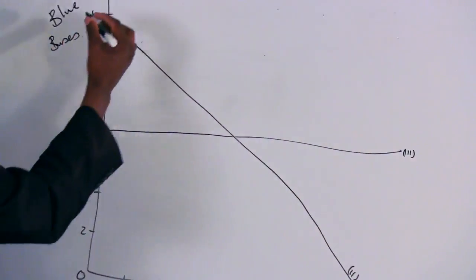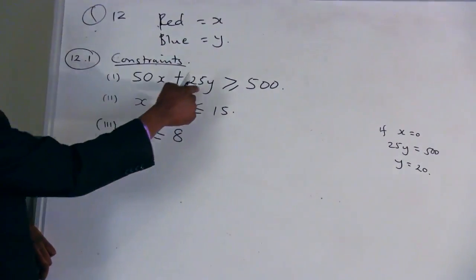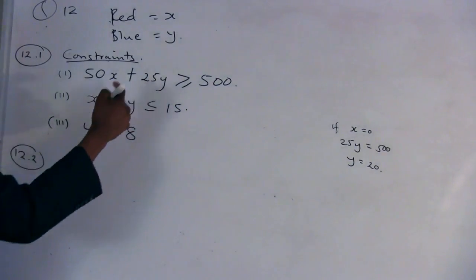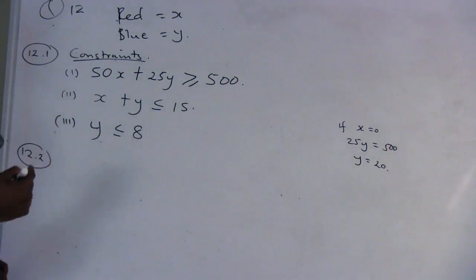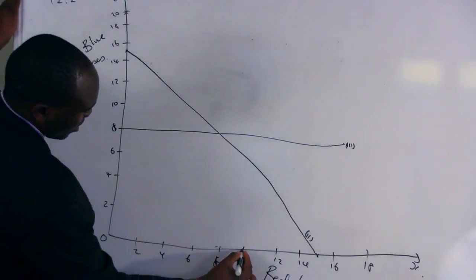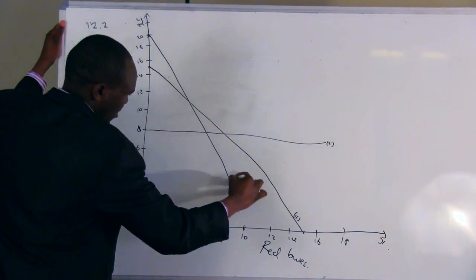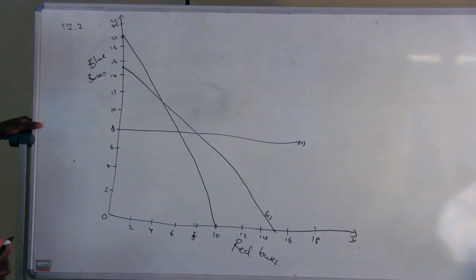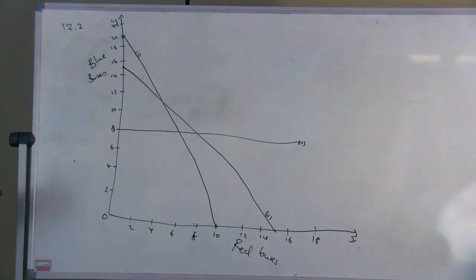So y is going to be this point. And then when y is equal to 0, what is x? 500 divided by 50, isn't it? And then this is going to be the point. So we plot these points like that. Okay. So we've drawn this, like our first, so that we can see which is which.